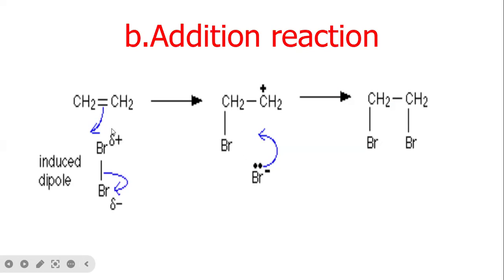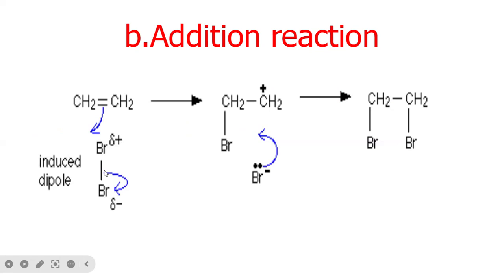In the mechanism, here is the double bond, where the electron density is higher. But bromine has higher electronegativity. So one bromine atom is partially negatively charged, and the other is partially positively charged.